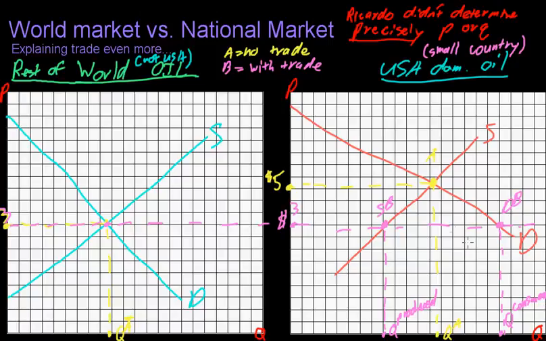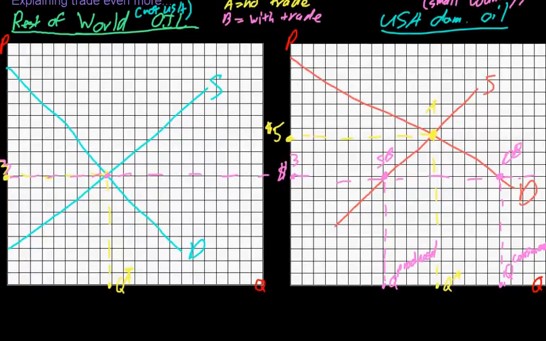So the difference between these two, and I'm running out of room and also running out of colors, but we're going to just scroll down a little, is going to be the US imports.